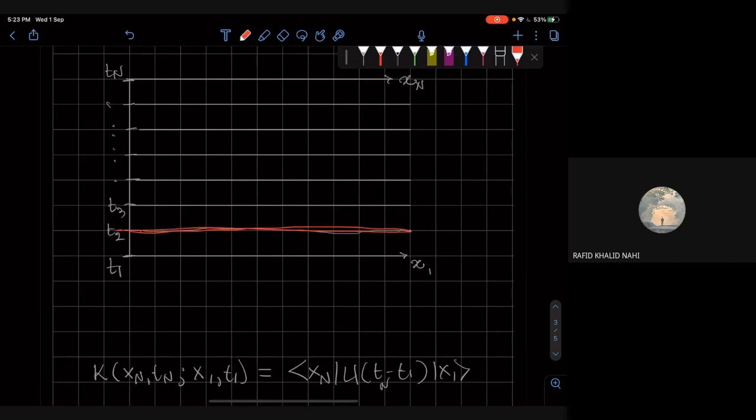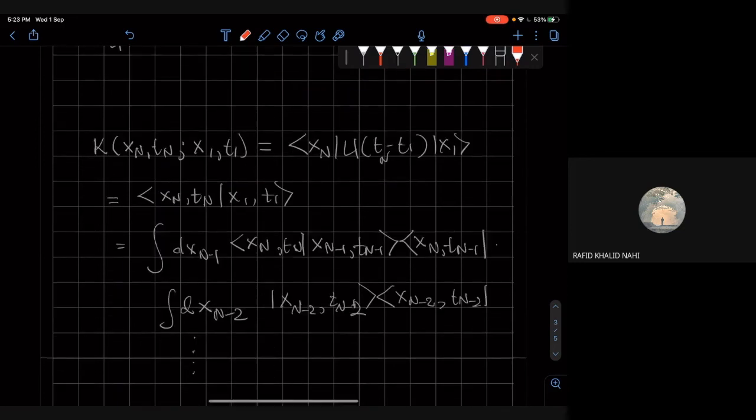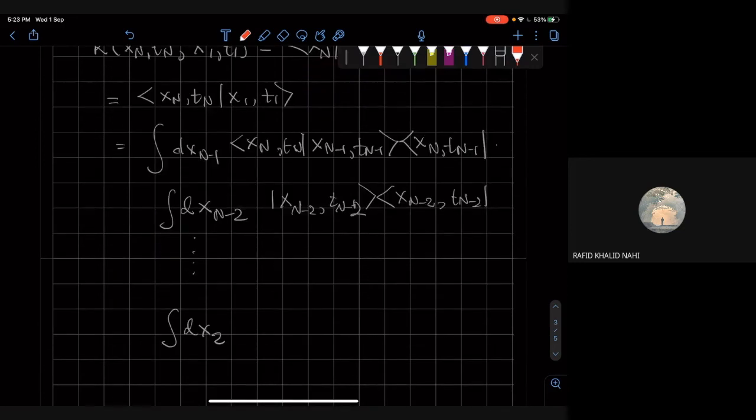So we have an integral over x2, we have an integral over x3, and so on. So here we have x2, t2, but now we have x1, t1 here.